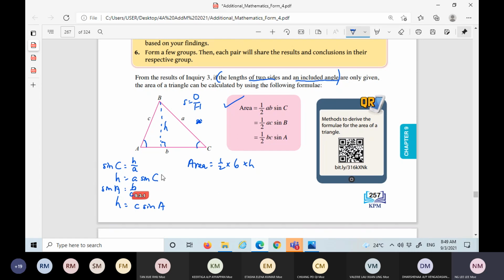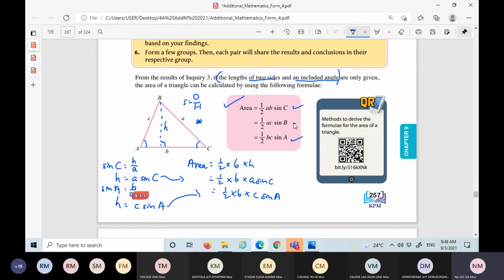So if you are using this H, then AB sine C, AB sine C, you are getting this formula proven. If you are using this H, then BC sine A, BC sine A, you get this formula proven.